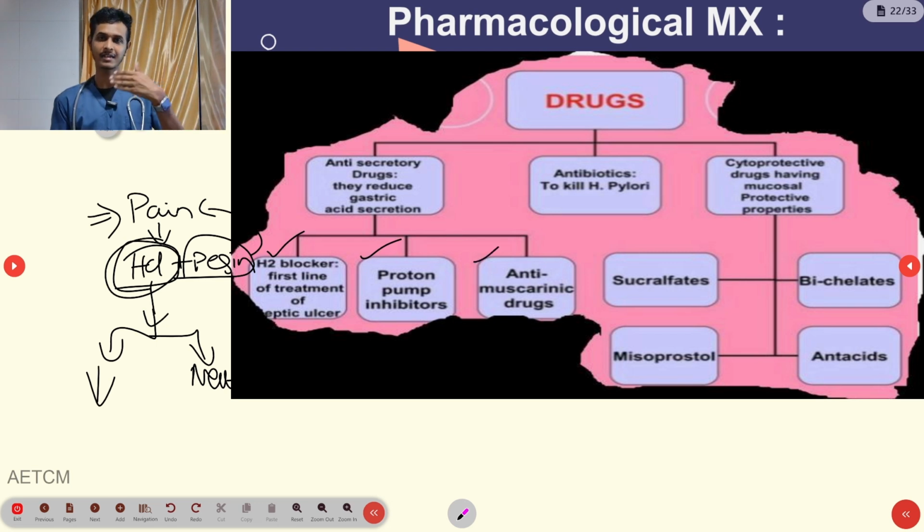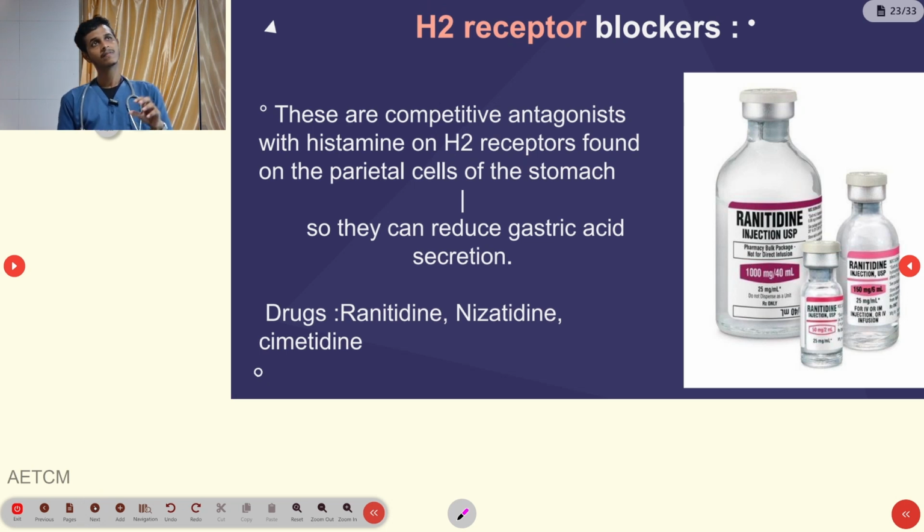Or for the amount already secreted, you can go with antacids or neutralizing agents, that is sucralfate, sodium bicarbonate. And some antibiotics are also used in the case of H. pylori induced PUD. We will see them one by one.